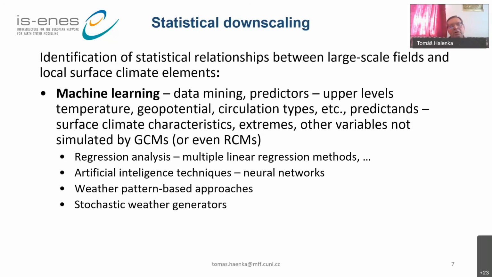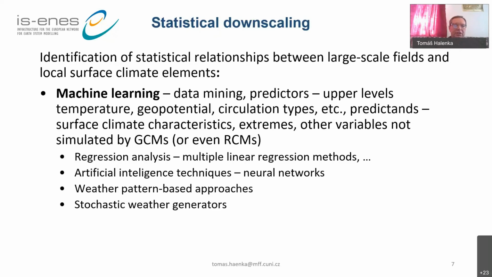I should say already here, and I will mention it later as well, that you can use statistical downscaling both on outputs of GCMs and on not-so-high-resolution regional climate models, which is maybe even more convenient because you can hope to have more precise inputs for the region.